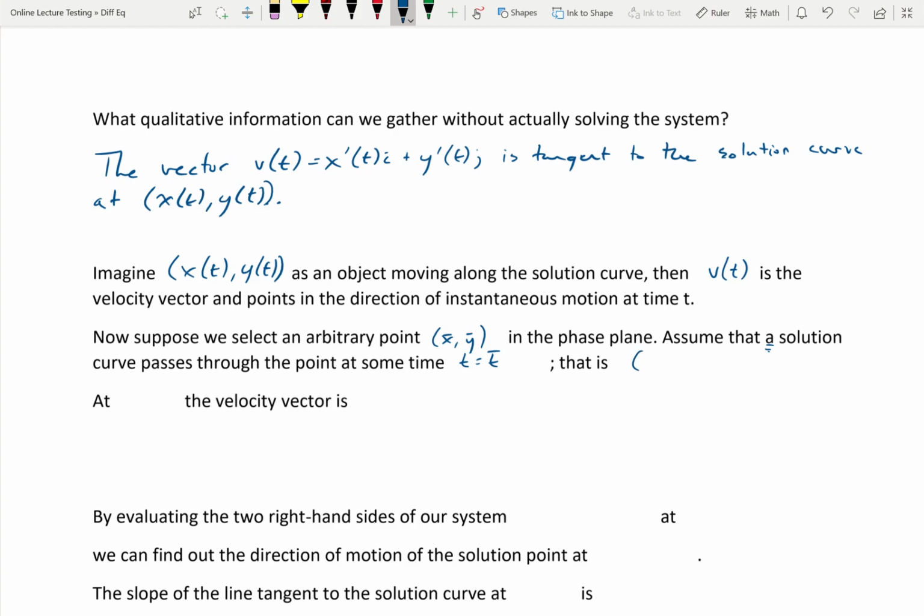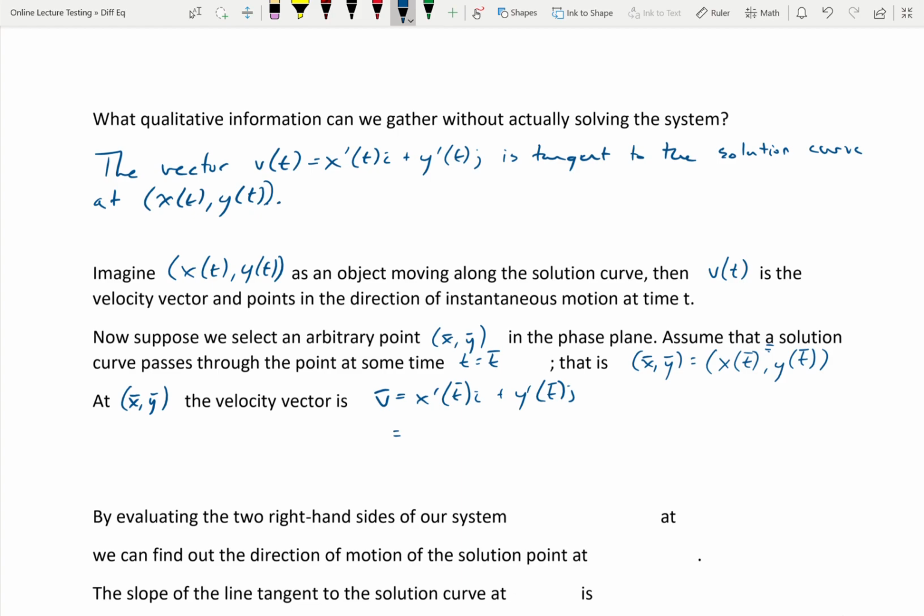That is to say, x bar, y bar is equal to the values x of t bar, y of t bar. So that's where those are coming from. So at this arbitrary point, the velocity vector is given as v bar equal to x prime of t bar times i plus y prime of t bar times j.